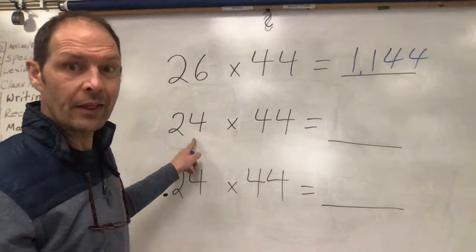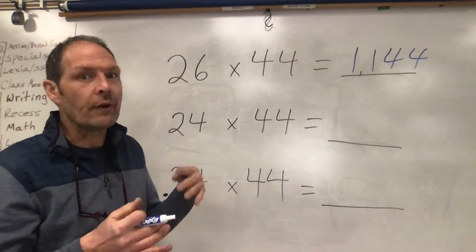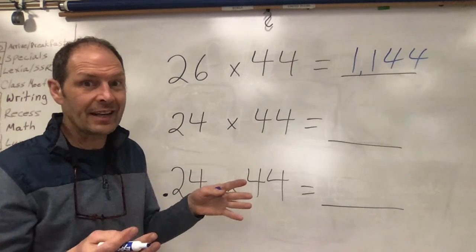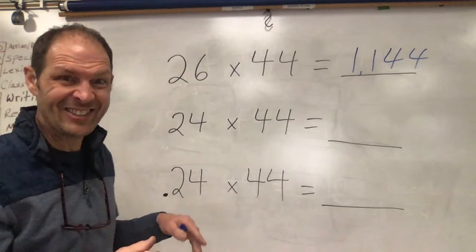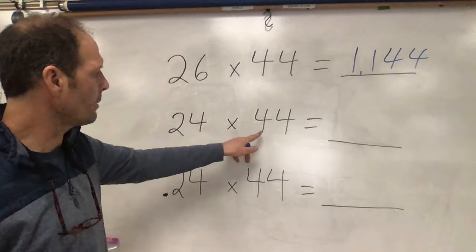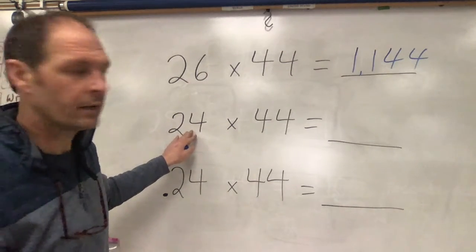Now this one works the same. Do you notice this is sort of like that find something close and then add or subtract technique we learned some time back? It's got some real similarities, doesn't it? So 24 times 44, 24 of 44. Let's do the same thing we did on the last one.